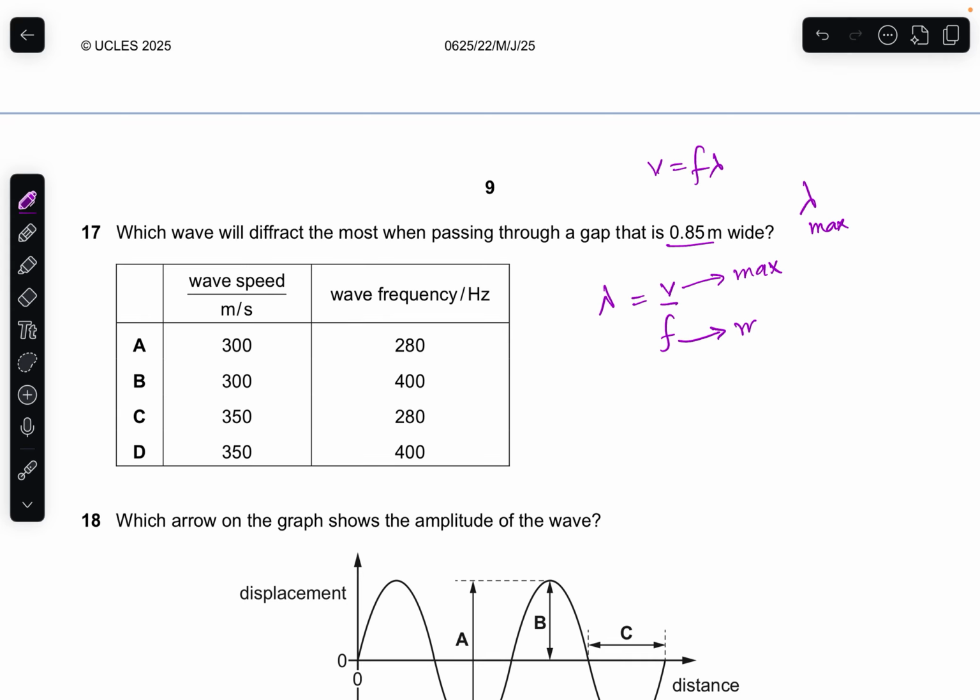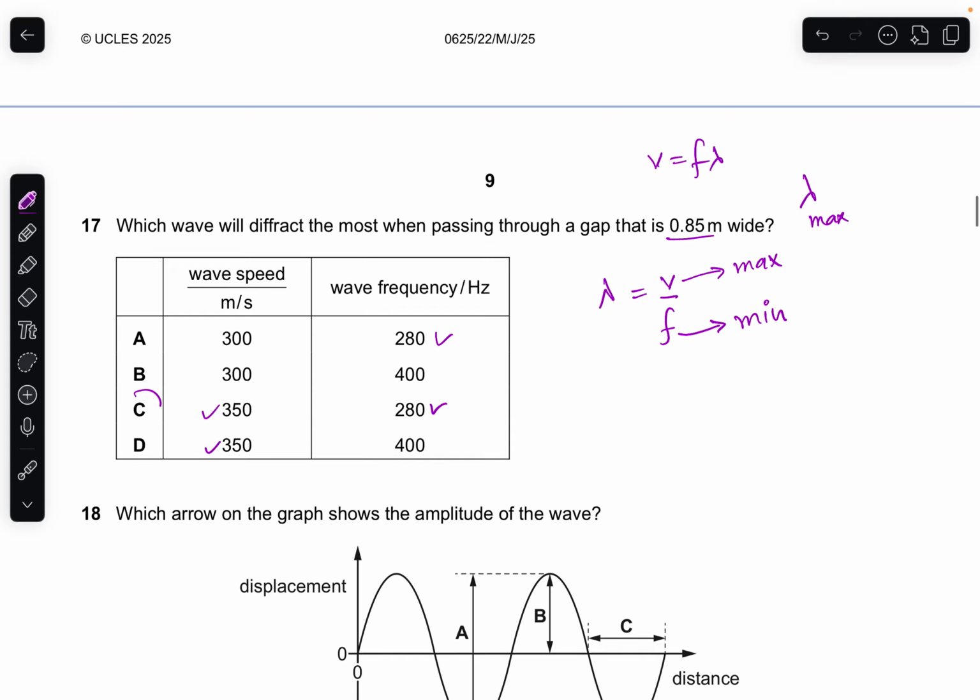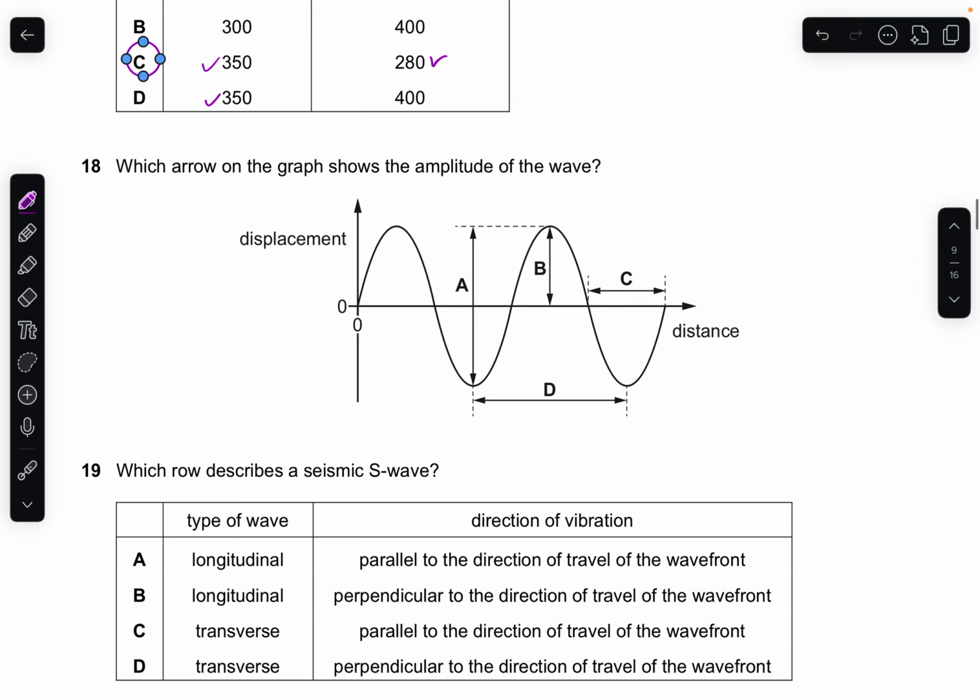This frequency should be minimum. So if you see, these are the maximum speeds and this is the minimum frequency. So it's option C in which both the conditions are satisfied. Okay, you will get the maximum wavelength and there will be a maximum diffraction.